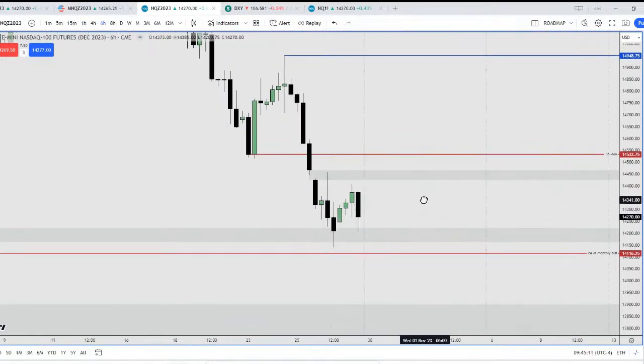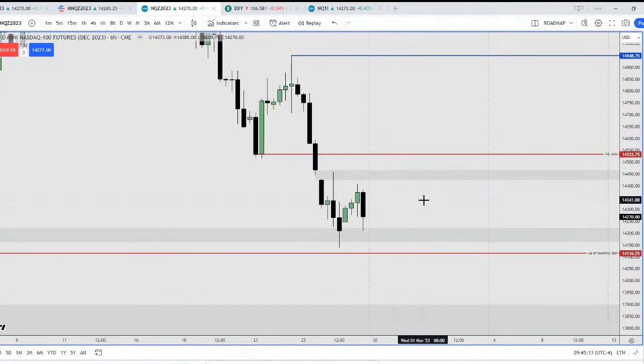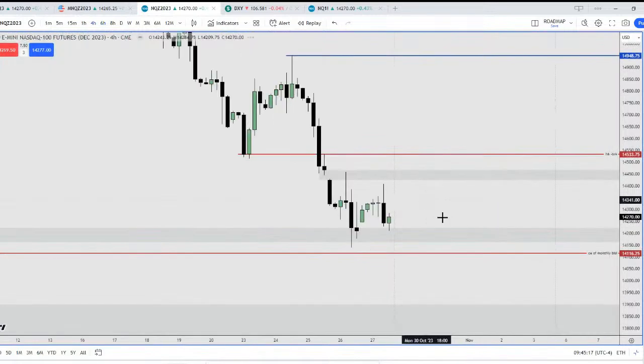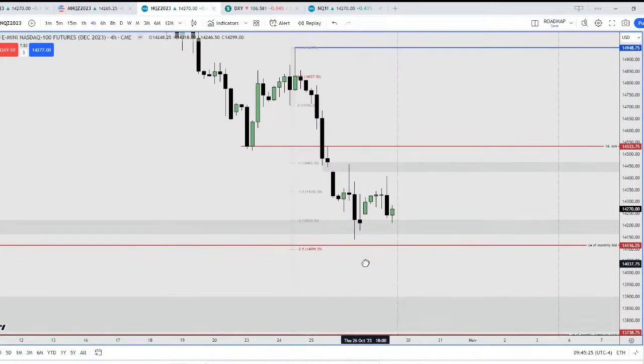So from here, if we zoom in into the 4 hours, I'm gonna use this measurement as a projection of how far the price is gonna go, right?